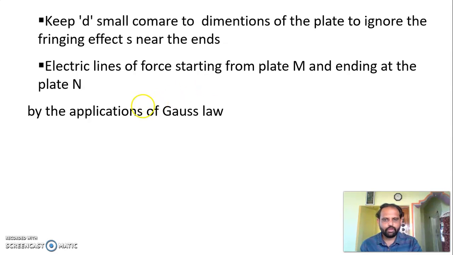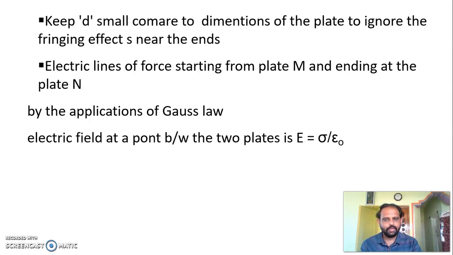Now we have to calculate the electric field between the parallel plates. For this we apply Gauss law. By the application of Gauss law we can calculate the electric field between the two plates. That electric field is E equal to sigma divided by epsilon naught. We know that the electric field due to any single plate is sigma divided by 2 epsilon naught.